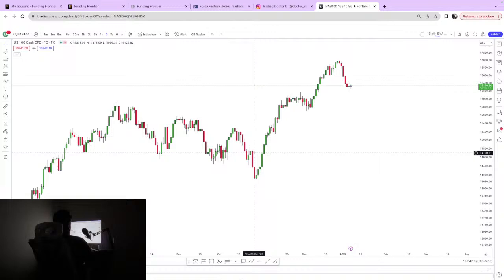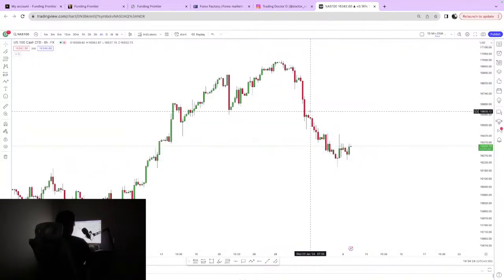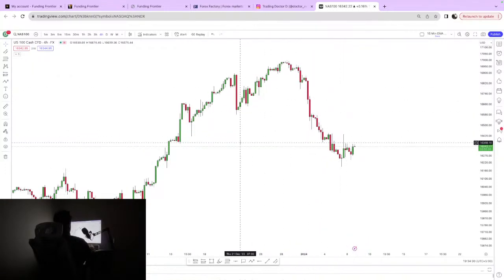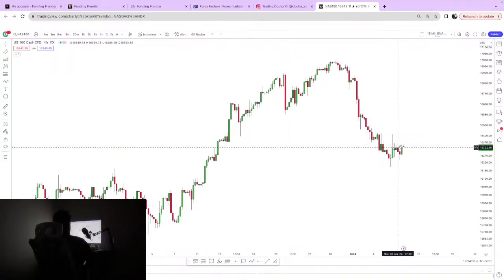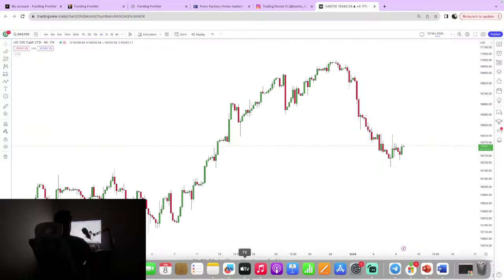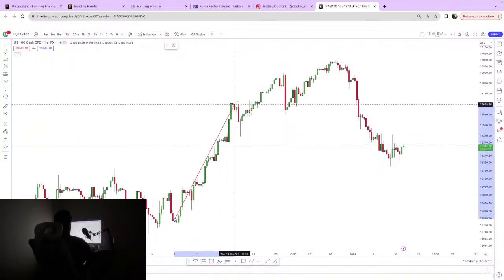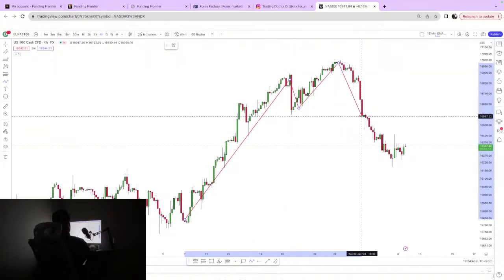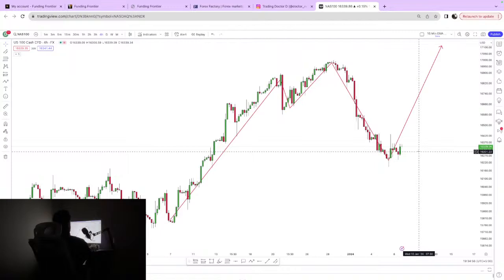Now let's shift to the 4 hour time frame. I am seeing something very interesting. Let's see if it works out or not. It was a switch of trend here, and now it may be the formation of another swing.